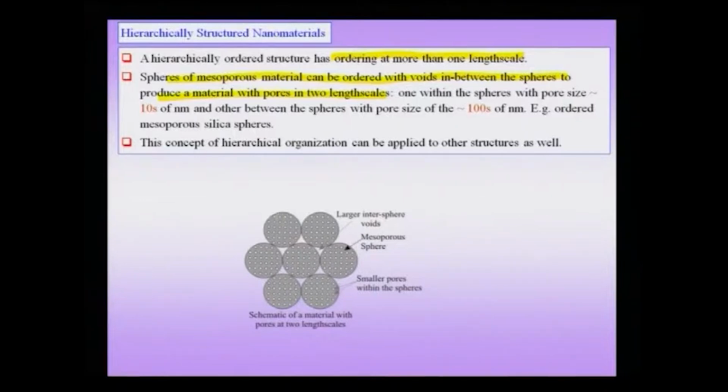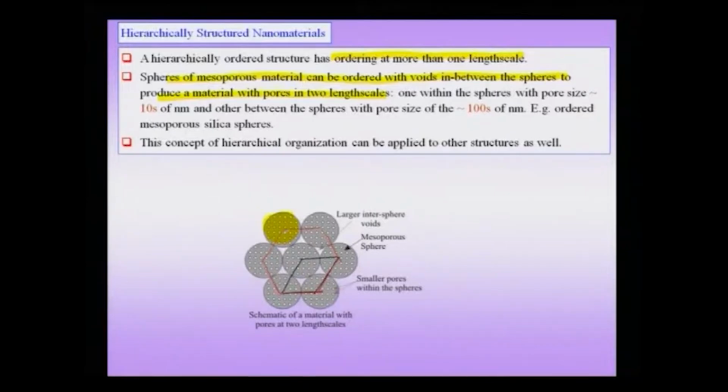Let us see one of these spheres which is drawn below here. In this sphere you can clearly see that there are ordered pores, and these are small pores. Now, I can take each one of these particles and arrange them, for instance in this example shown here, in the form of a hexagonal unit. And as we know, in this hexagonal unit, your unit cell will be this rhombus.